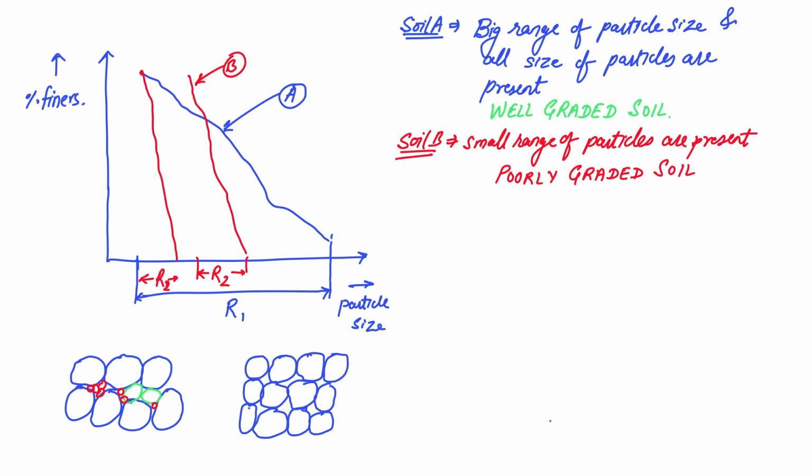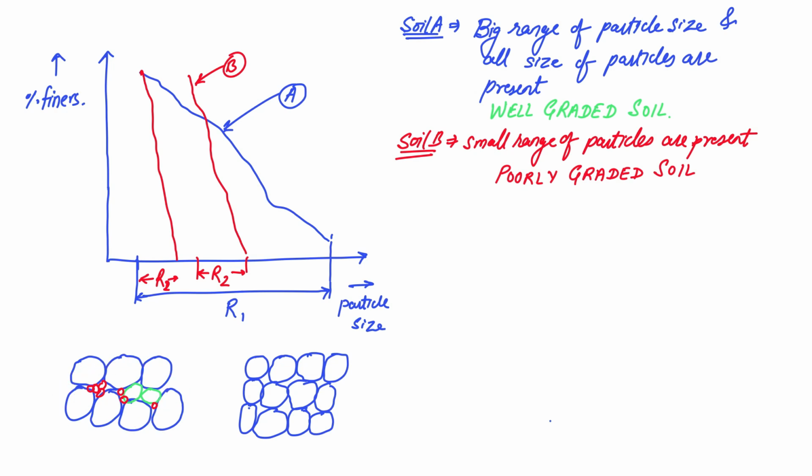Now if I ask you why this matters to me as a civil engineer, which soil will have more strength? Obviously, because the strength of soil is because of the solids, not because of the voids. And as voids are more in the poorly graded soil, the well graded soil will have more strength.